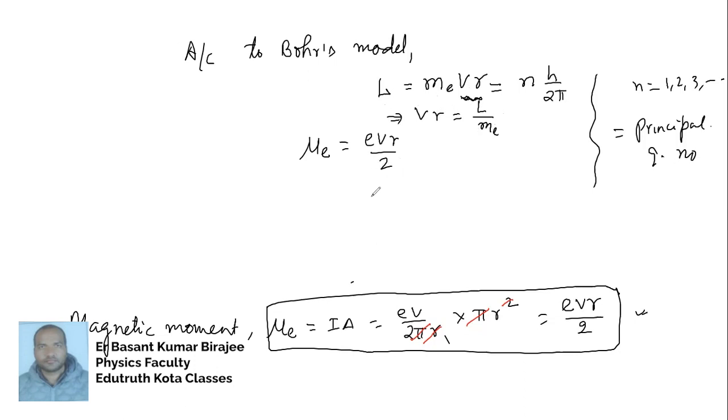So you have e by 2, and vr is L by mass of electron. So we can also express the magnetic moment of the electron as eL by 2m_e.